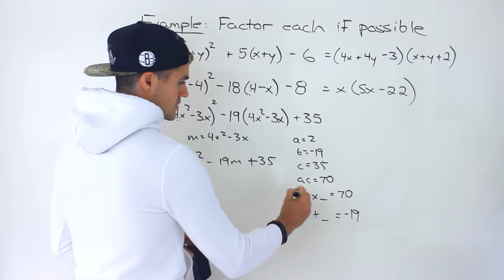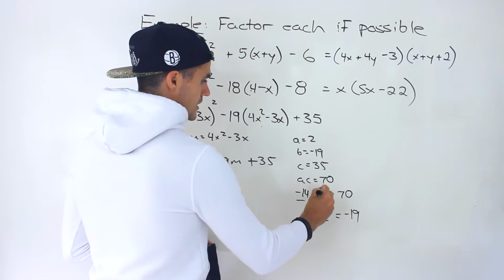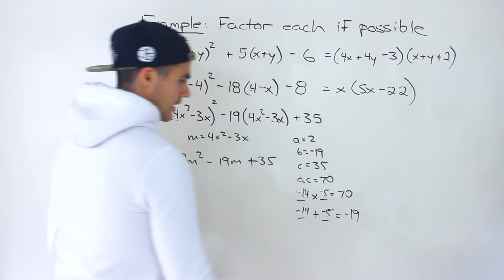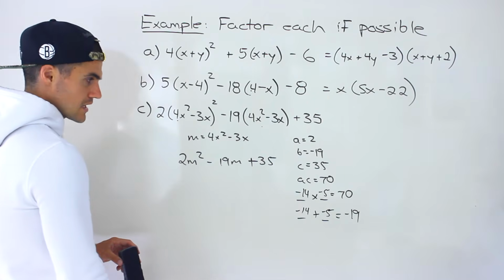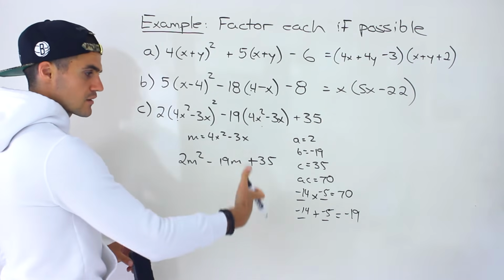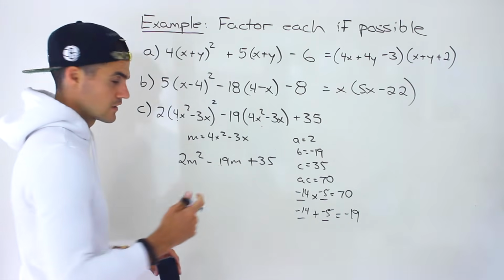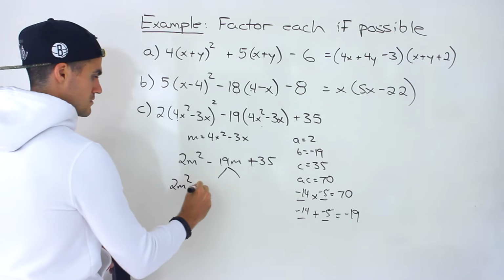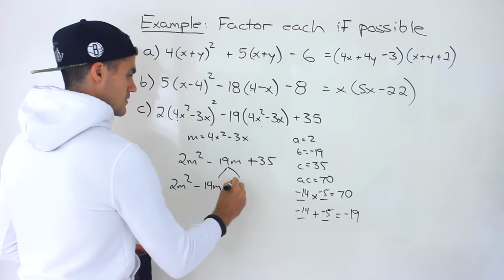Those two numbers would be negative 14 and negative 5. Negative 14 times negative 5 gives us positive 70, and negative 14 minus 5 gives us negative 19. So then we can decompose this into those two values.